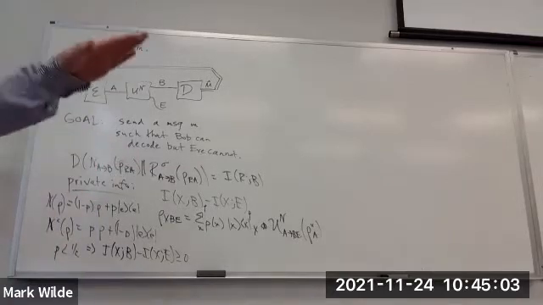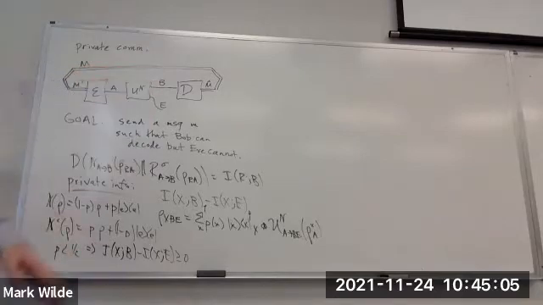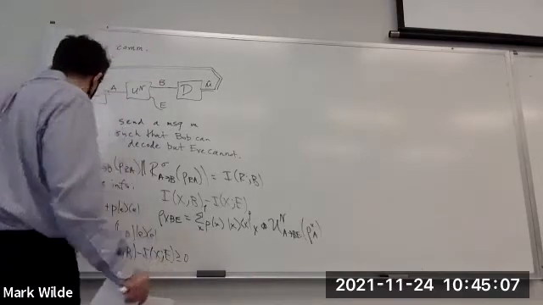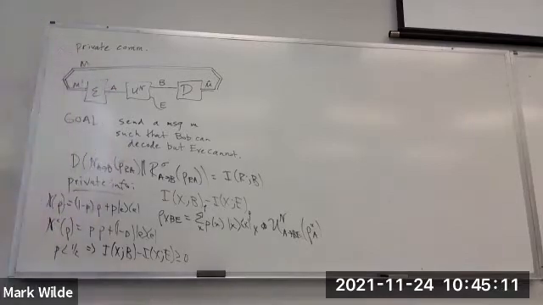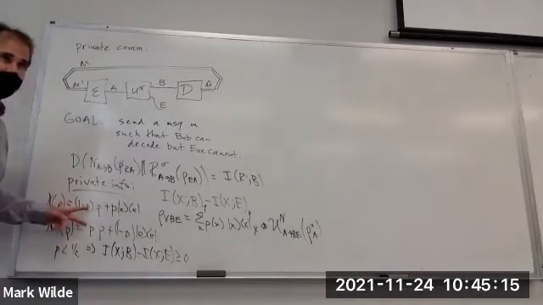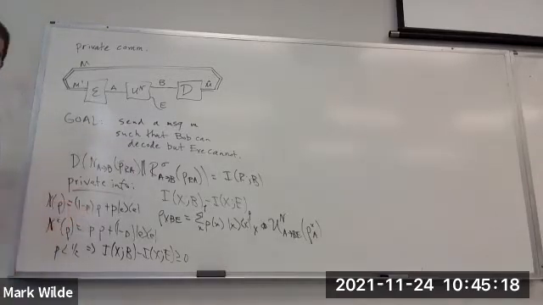So there will be no private capacity if the erasure probability is greater than 1/2. And that's simply because Eve always has an information advantage. When P equals a half, the two channels are the same, right? That's when they're symmetric. And in that case, the private information is always equal to 0.